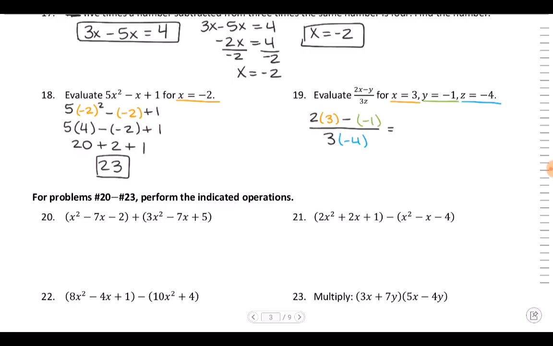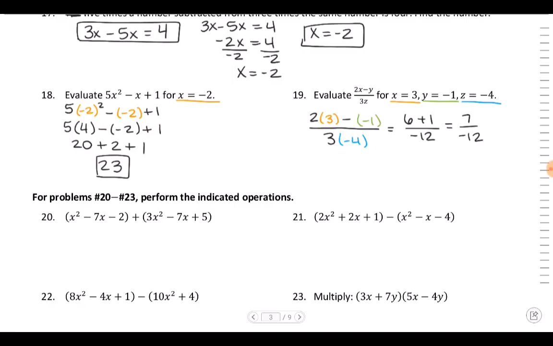So we have grouping symbols, which is grouping the top stuff together and the bottom stuff together. So on the top, when we simplify, we get 2 times 3 is 6, and then minus negative 1 is a plus 1. And then on the bottom, 3 times negative 4 is negative 12. So 6 plus 1 is 7 over negative 12, which would be my final answer.